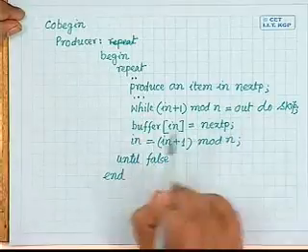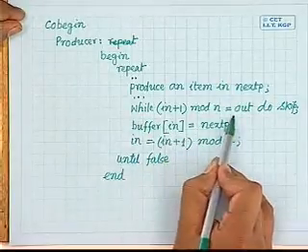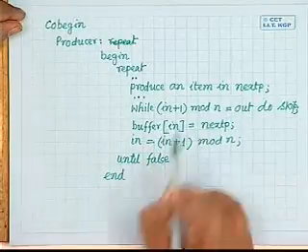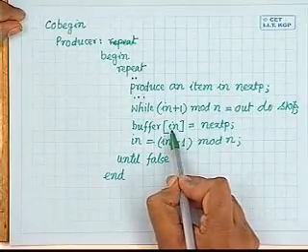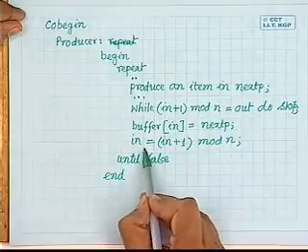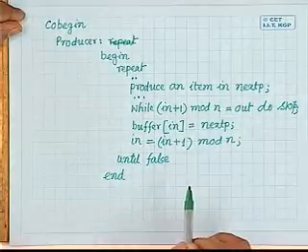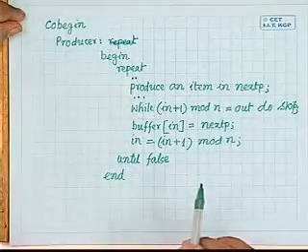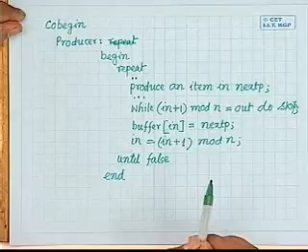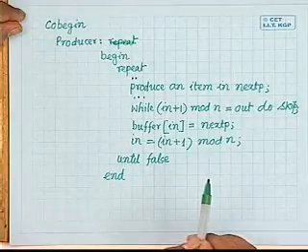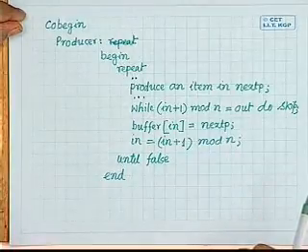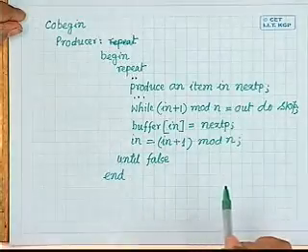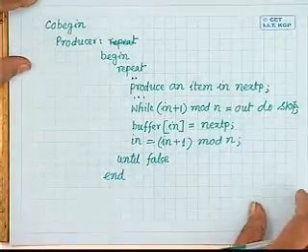It simply goes on executing this while loop. When this condition is broken, it comes to the next step and places the item into the buffer at location in. After that, in is incremented by 1 following modulo arithmetic, and that gives it the circular buffer nature. We are not incrementing the value of in inside the while loop, so how can it break? If the consumer process consumes an item, the value of out will be changed. So that is the code for the producer process.